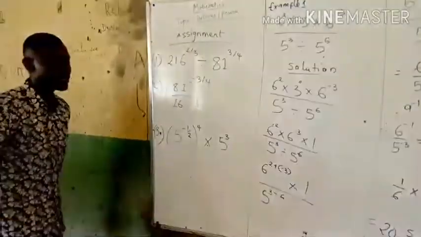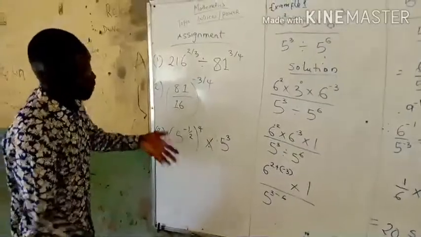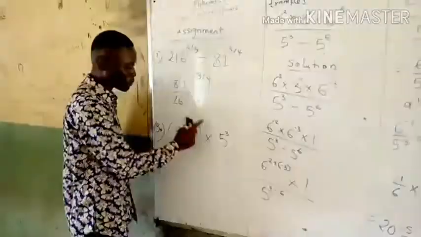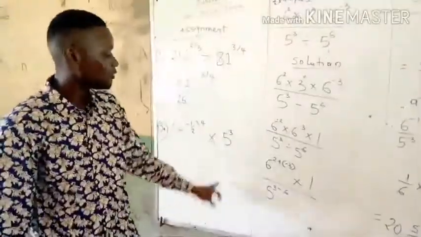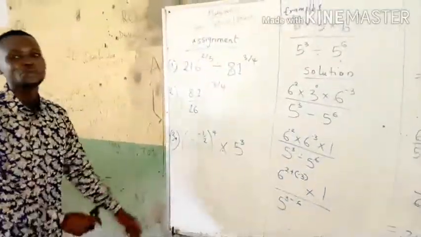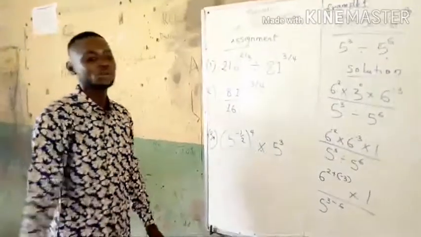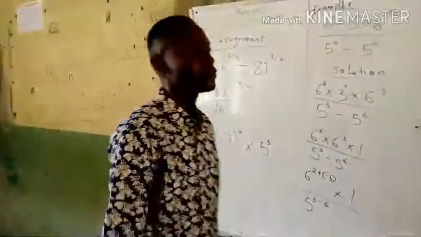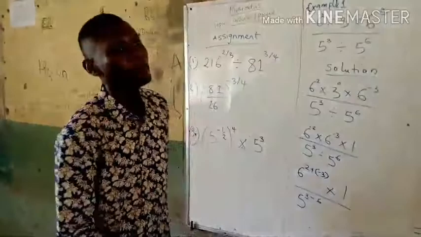And the last one here is 5 raised to the power minus 1 over 2, all raised to the power 4, multiplied by 5 raised to the power 3.